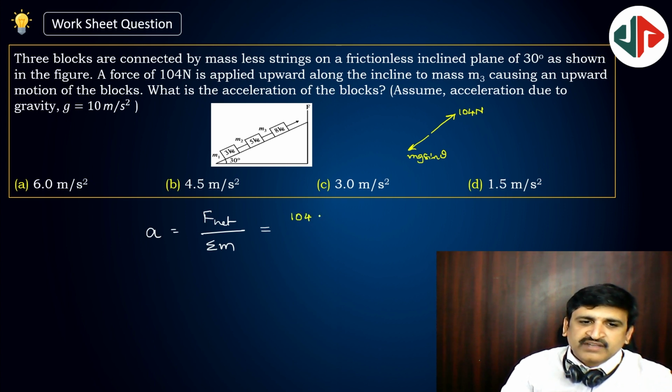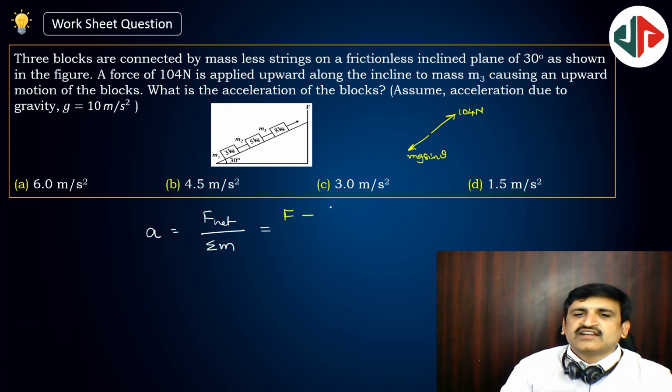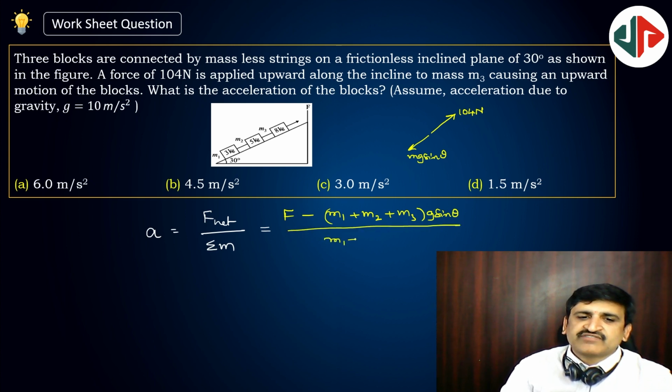So net force will be upward force minus downward force. I'll write first like a formula, later I'll substitute so that you can understand comfortably and simplify on your own. Downward force is m1 g sin theta, m2 g sin theta, m3 g sin theta, so g sin theta can be taken common, divided by total mass, m1 plus m2 plus m3.